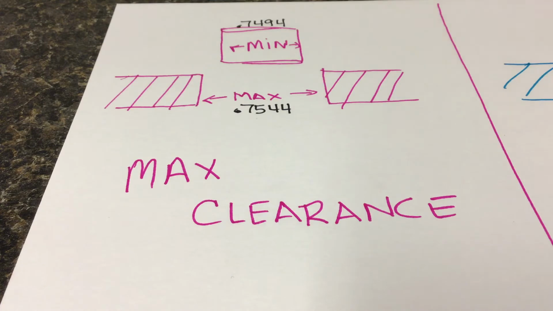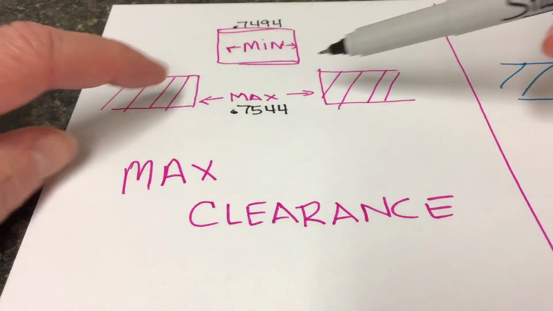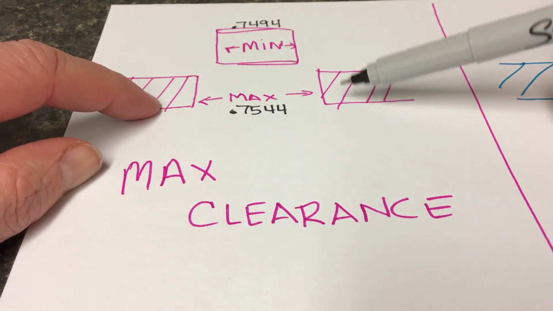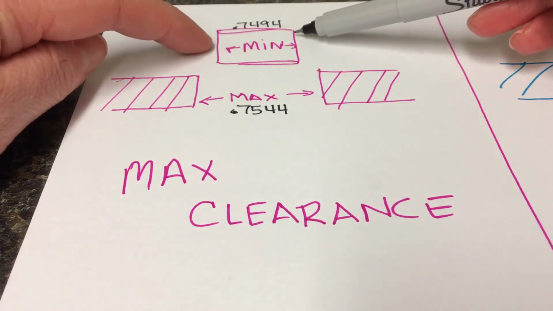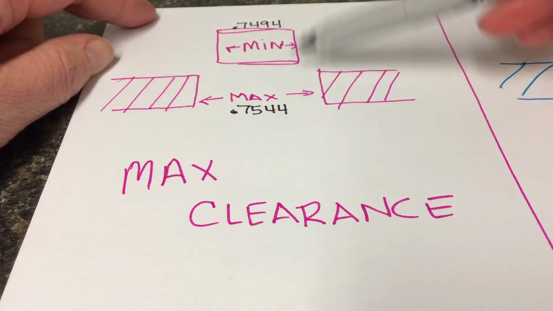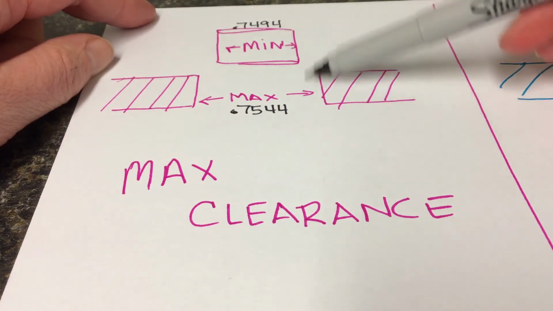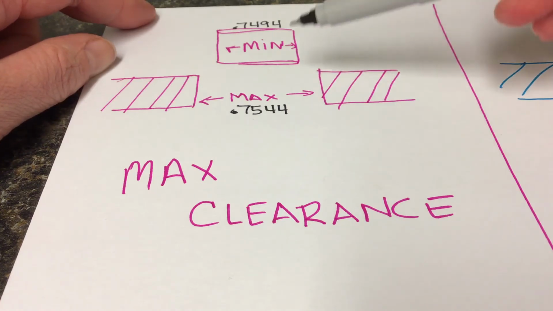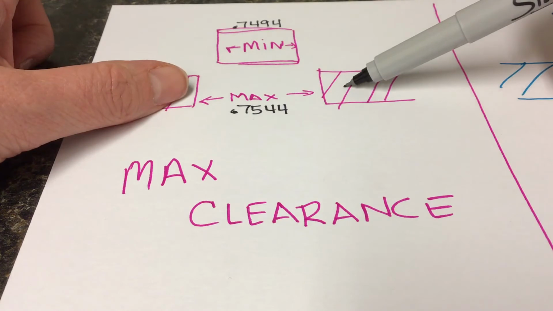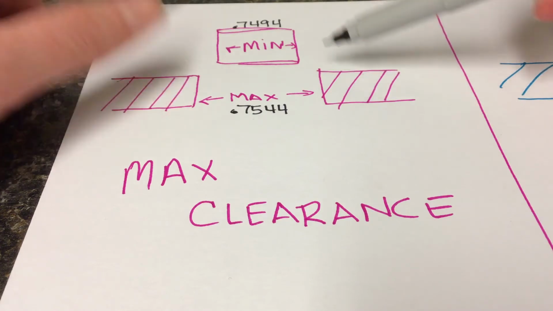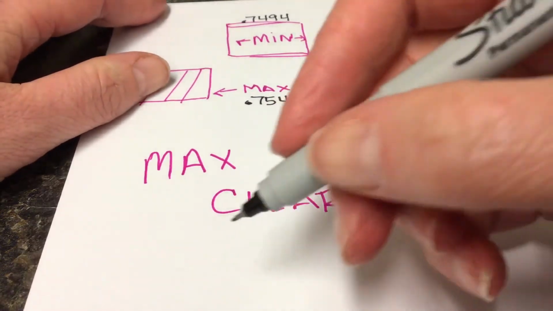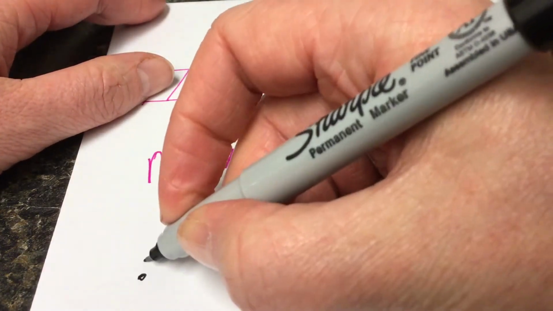The maximum happens when the hole is at its largest and the shaft going into it is at its smallest. It would create the most wiggle room, the most space between the two parts. So you find the max clearance by taking the maximum size of the hole minus the minimum size of the shaft.